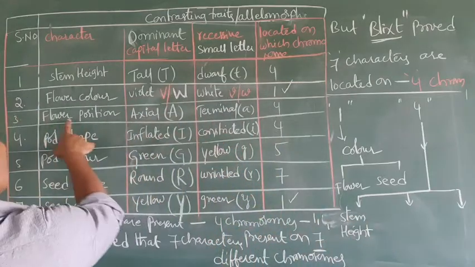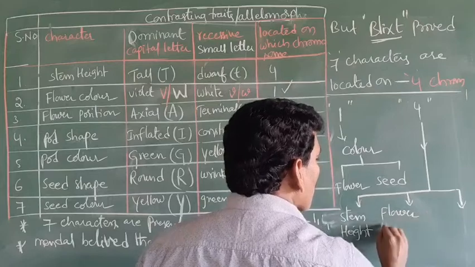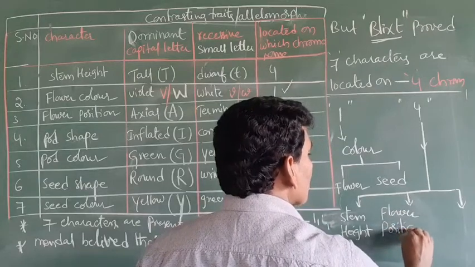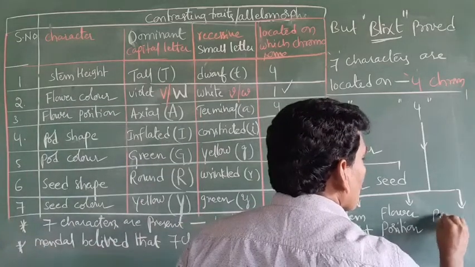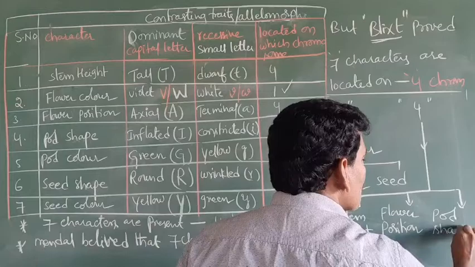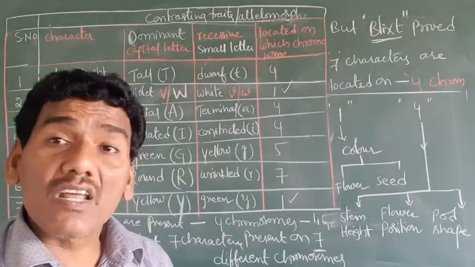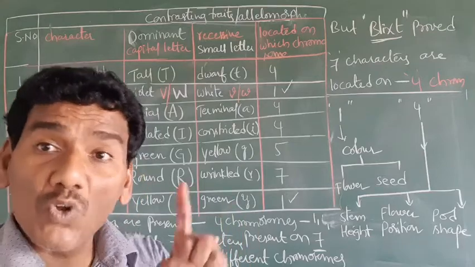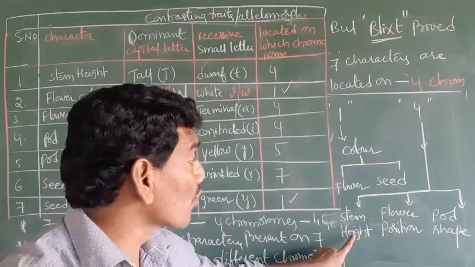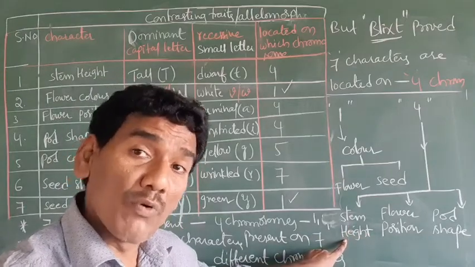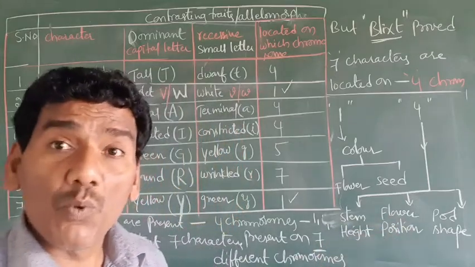Next, flower position. Next, pod shape. These 3 characters are located on one chromosome, the 4th chromosome.